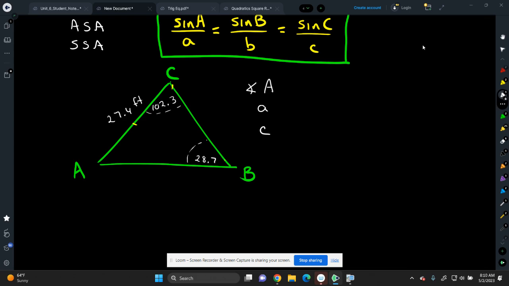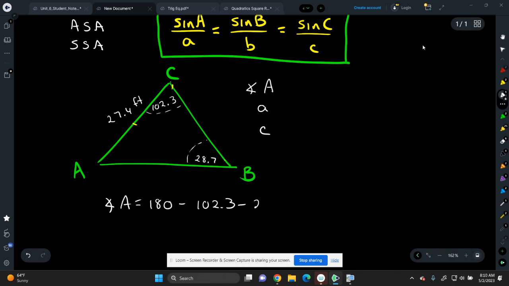Okay. How would I find angle A? Angle A is going to be 180 minus 102.3 minus 28.7.